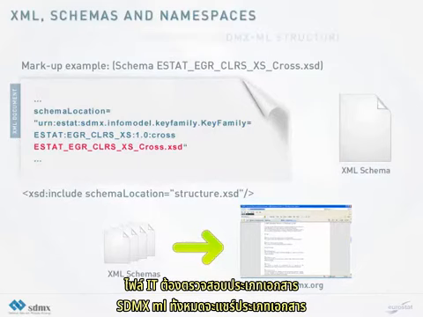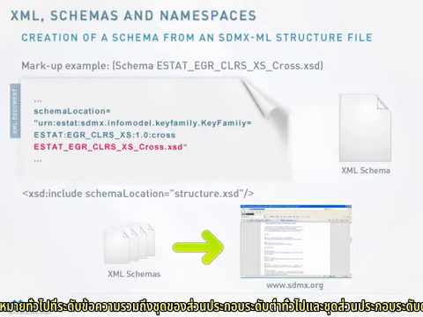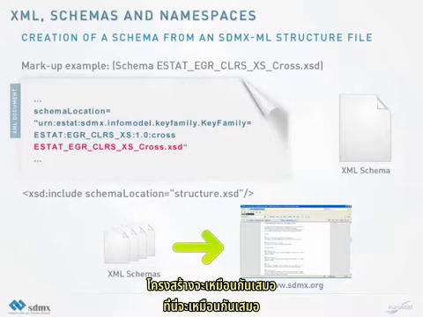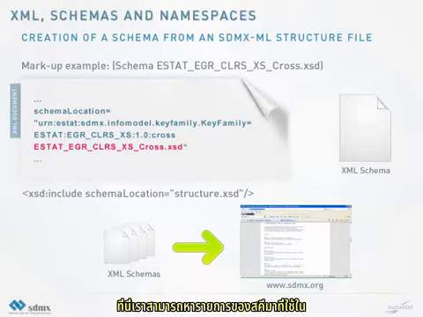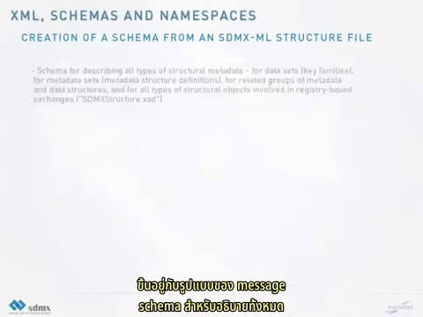All SDMX ML document types will share a common envelope at the message level, as well as a set of common low-level components, so that header information and basic structure will always be the same. Here we can find the list of schemas used in SDMX standard, depending on the format of the message.